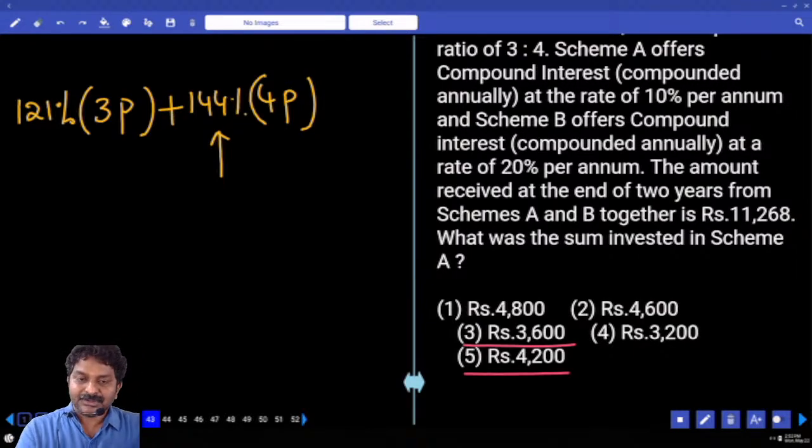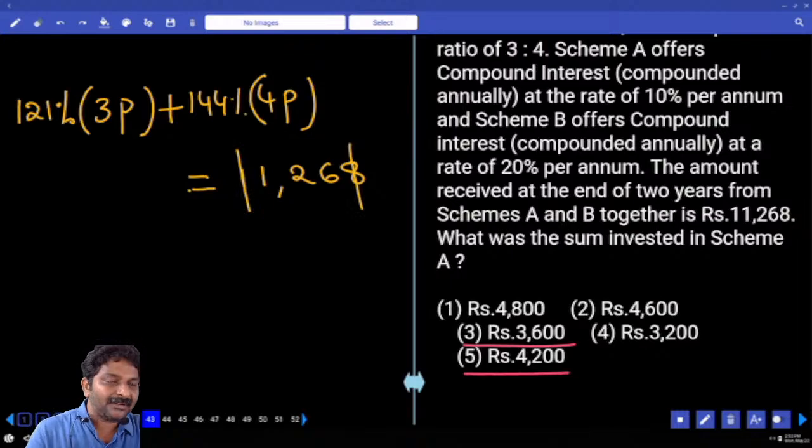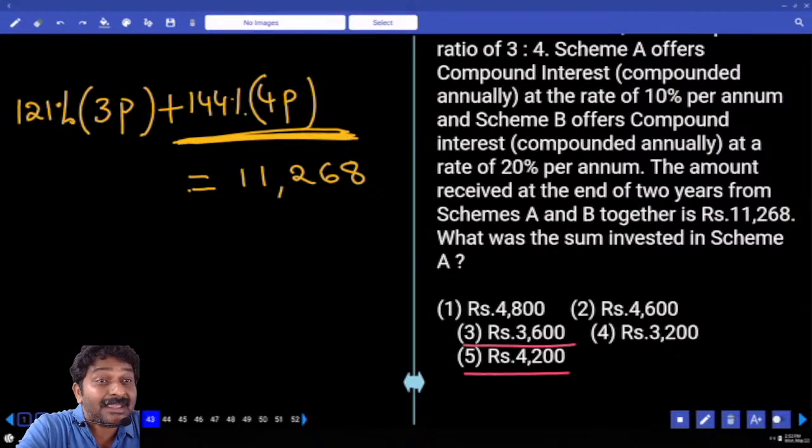Yes. So now our total amount obtained in both schemes together is mentioned as 11,268. Correct? 8 plus 1, 6 plus 2 plus 1. That means the total amount is a 9 multiple, right? Why? Because of 144.